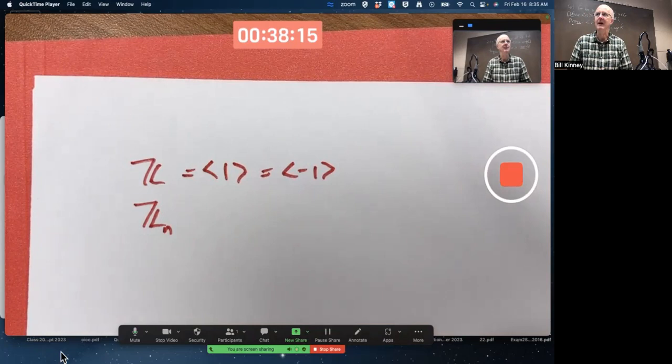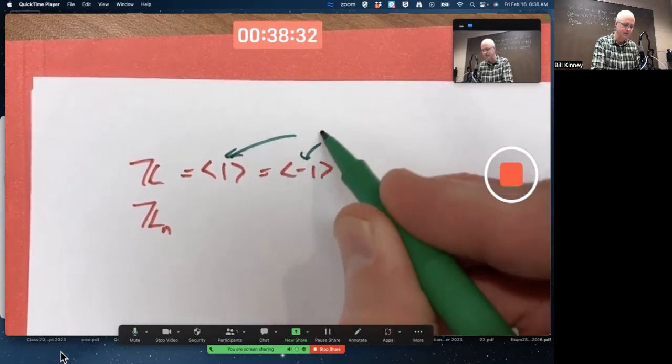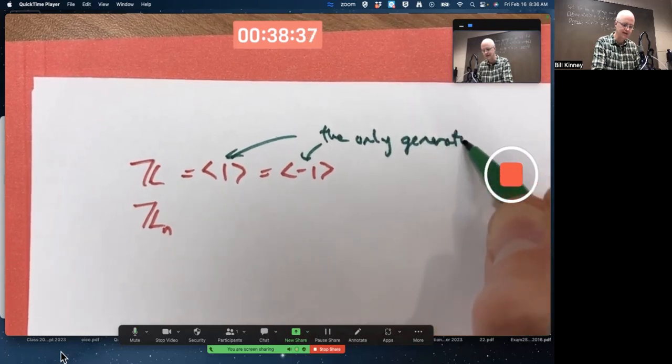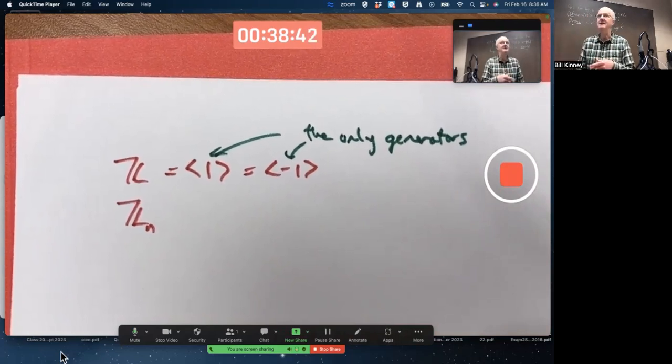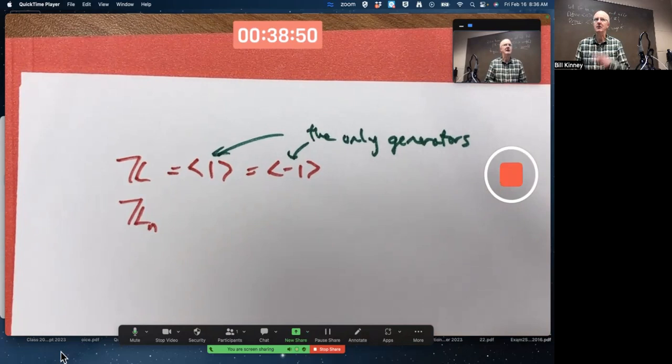And 0, by definition, effectively. 3 is not a generator. 4 is not a generator. -2 is not a generator. -3. 1 and -1 are the only generators of this infinite cyclic group. By generator, I mean an A that in the abstract has powers equal to the group. Although in this case, it's really multiples of these things equaling the group.